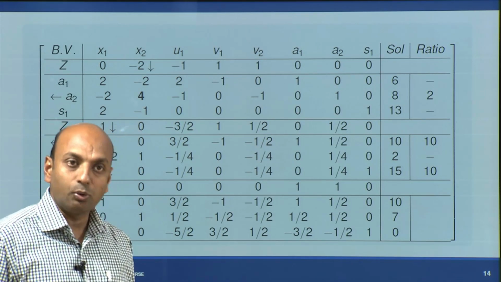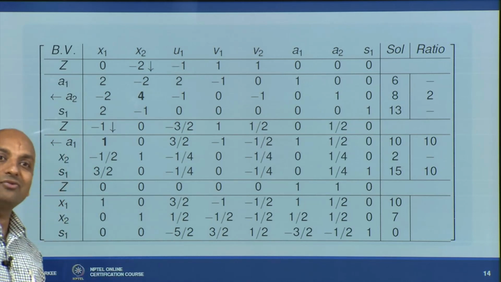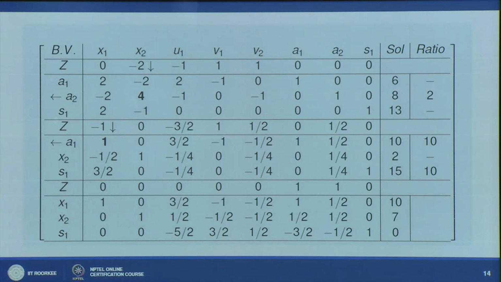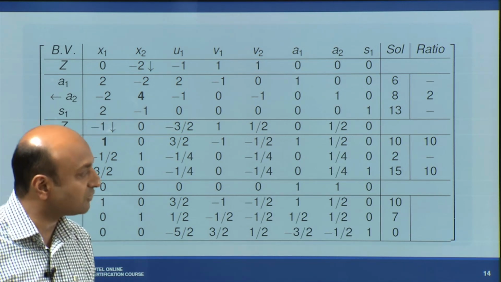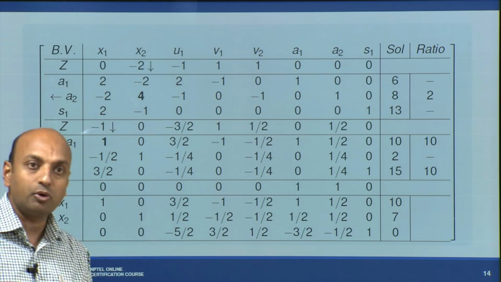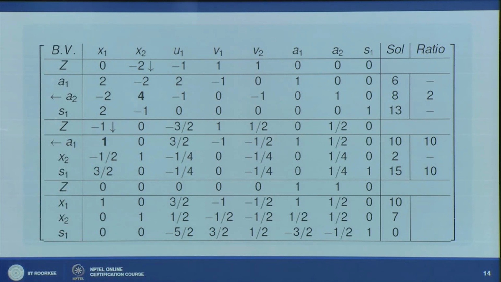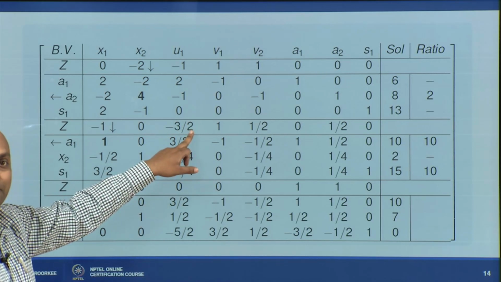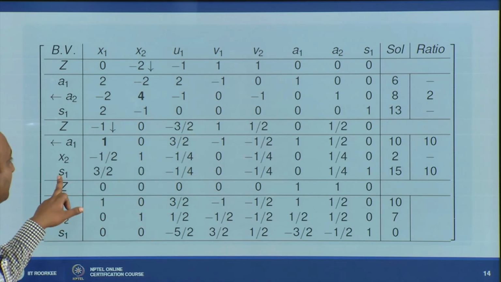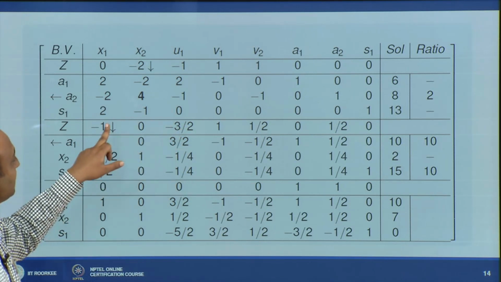It will be possible only when just one of them is in the basis, because then the other variable will be 0, and only then will we have u1 s1 equal to 0, or v1 x1 equal to 0, or v2 x2 equal to 0. So, we can't enter this variable because s1 is already in the basis. Now, the next is x1.